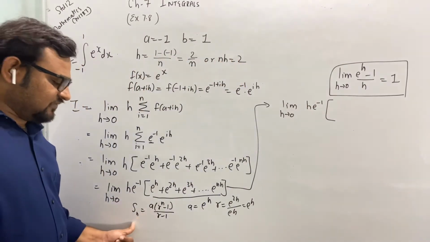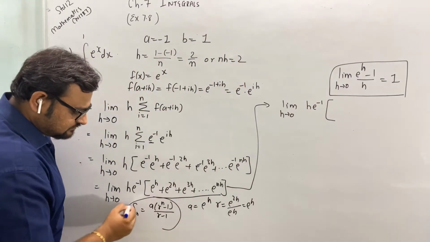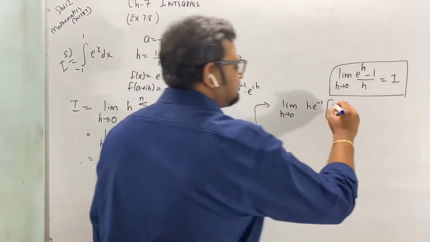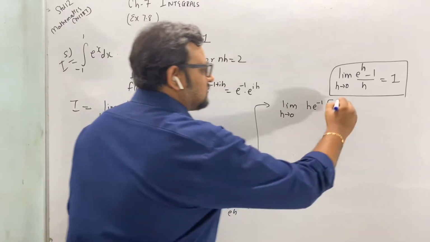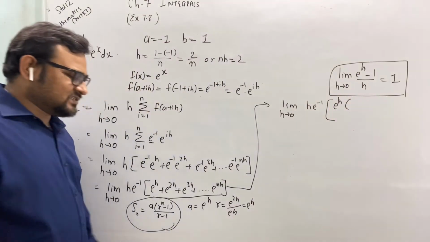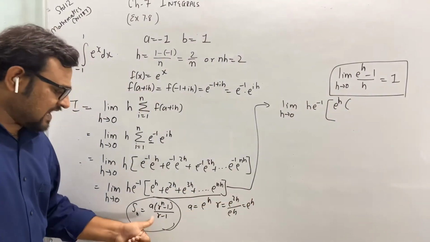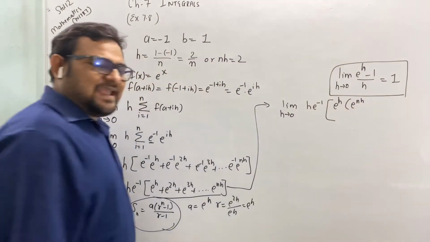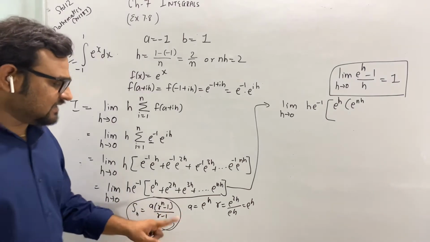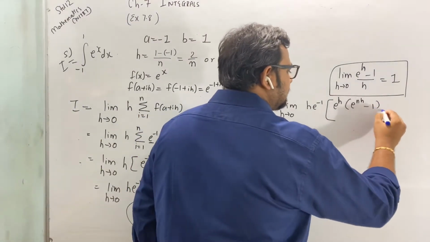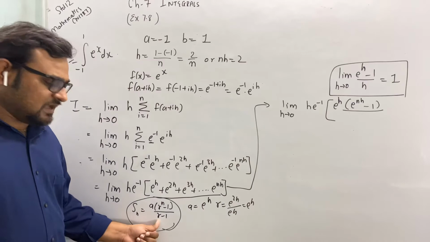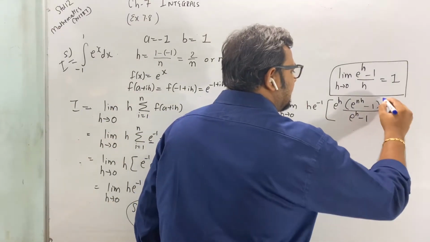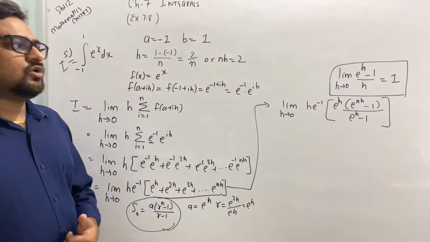Now we will use this formula. Clear? So what is a? e raised to h. What is r? e raised to h. r raised to n is e raised to nh, minus 1, upon r minus 1, that is e raised to h minus 1.